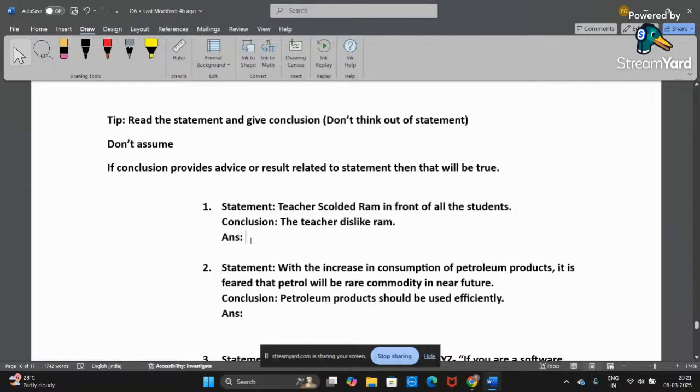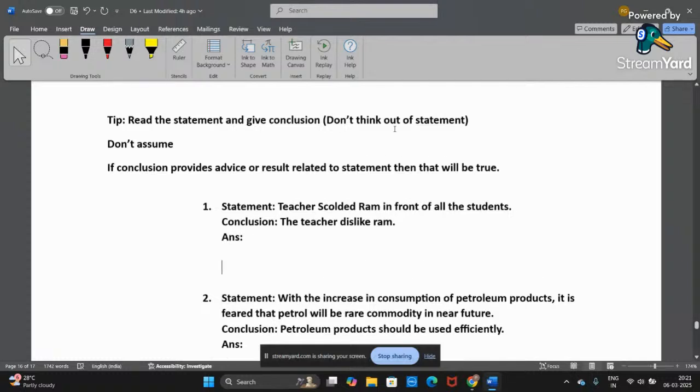Let's solve a few problems on this. Statement: Teacher scolded Ram in front of all the students. What is the answer for this?